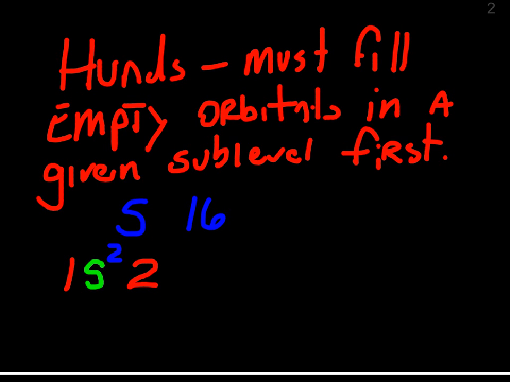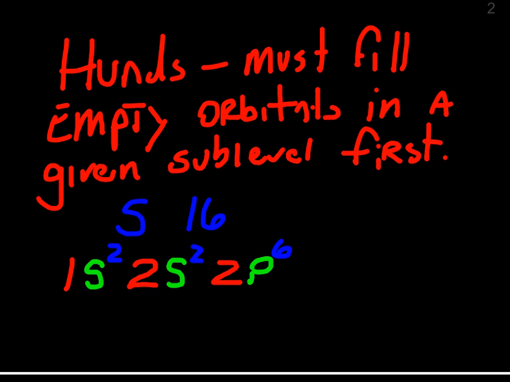So I go 2. The first block I come to is the s. There's 2 electrons in that block. Then I move across the periodic table and I come to the 2p. There happens to be 6 electrons in that, so I'll put a 6 up there.